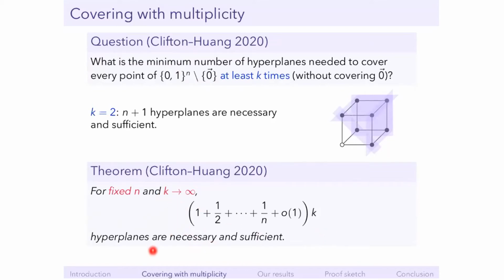It's some specific expression with a little o(1) term. And in fact, if k satisfies some appropriate divisibility conditions, such that this is an integer, then this is exactly the right answer without the little o(1). And for all the other k, you can basically interpolate between such values. So they completely resolved the question for fixed dimension and unbounded multiplicity.